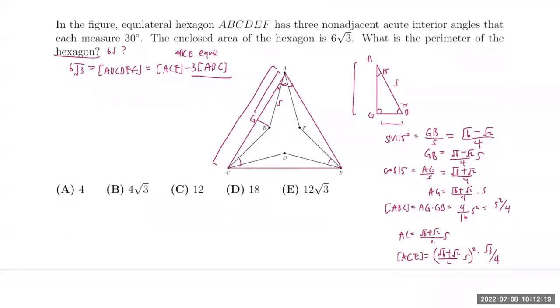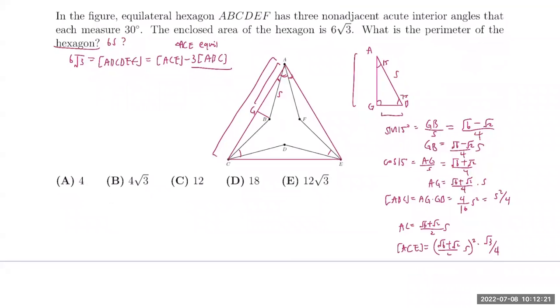After some simplification, we end up with 2√3 plus 3 over 4 S squared.